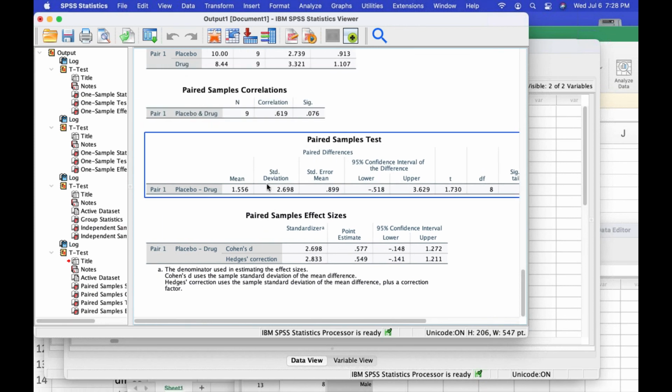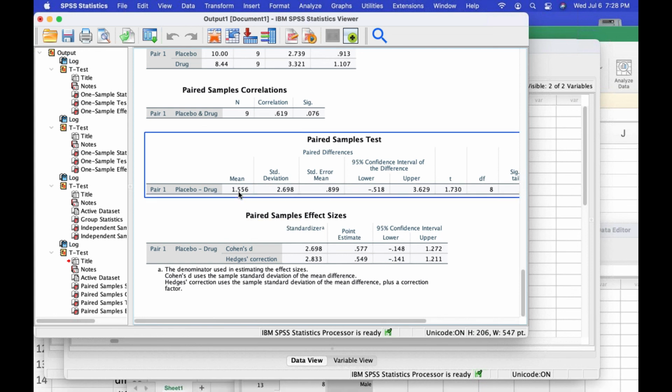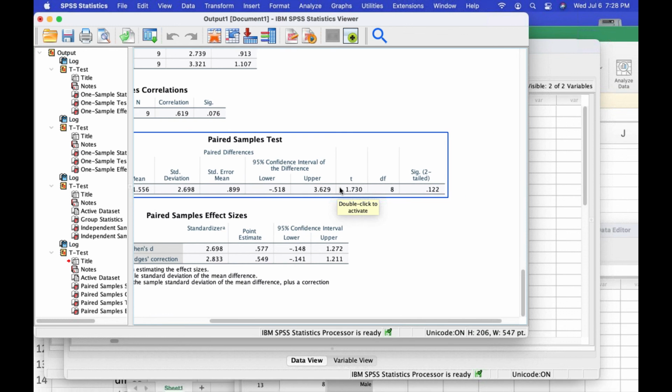And it will run through the test for us. Now it comes up with a single line, just like when we did the single sample t-test. The mean is 1.56, the standard deviation is this, the standard error is this, and it does the t-test. It finds that the t-value is 1.730, the degrees of freedom are 8, and the significance is 0.122, 12%, right?